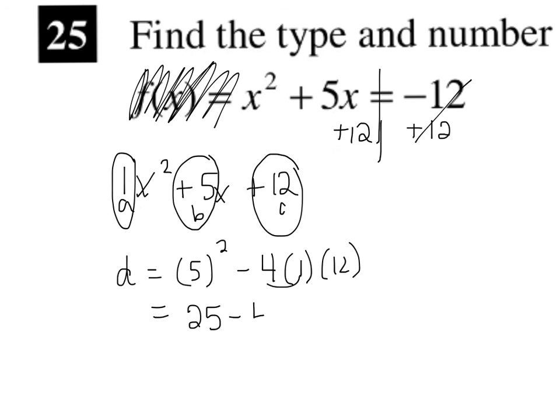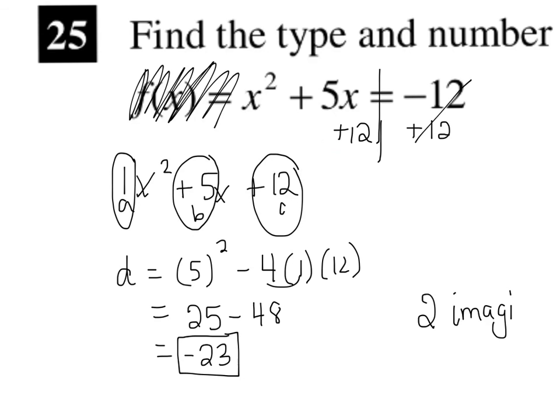So 25 minus 48 is negative 23. So since we get a negative number for the discriminant, it means that we have two imaginary zeros. So this is the kind of parabola that's floating either above or below the x-axis.